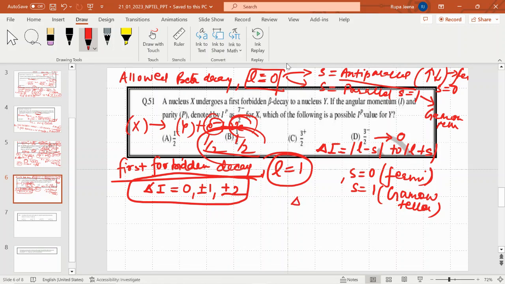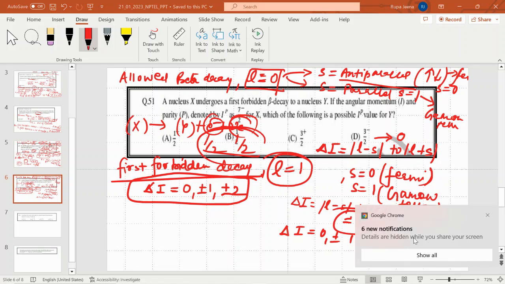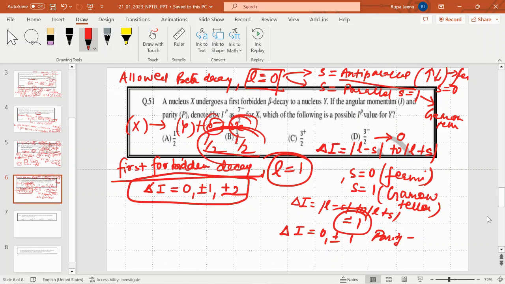But take the other case when L is equals to 0 and S is 1. Again the same thing, it will give you 1. So delta I can take value 0 and plus minus 1. And there is a parity. How will you define parity? Minus 1 raised to the power L, right?